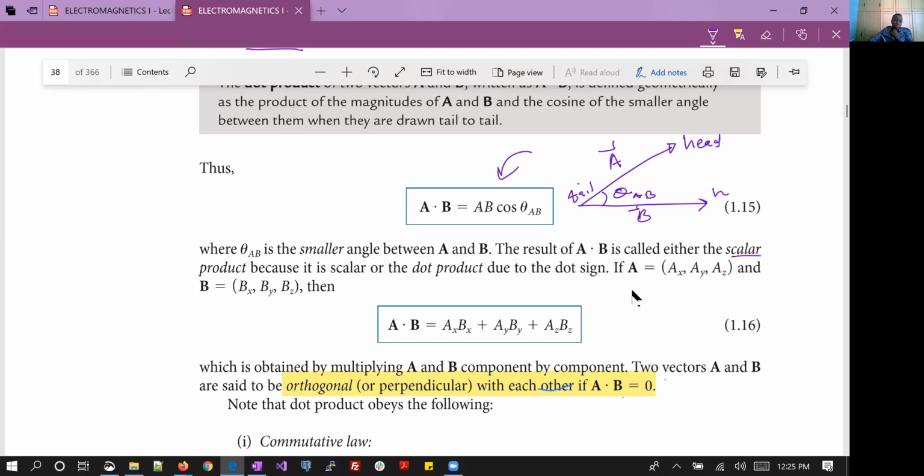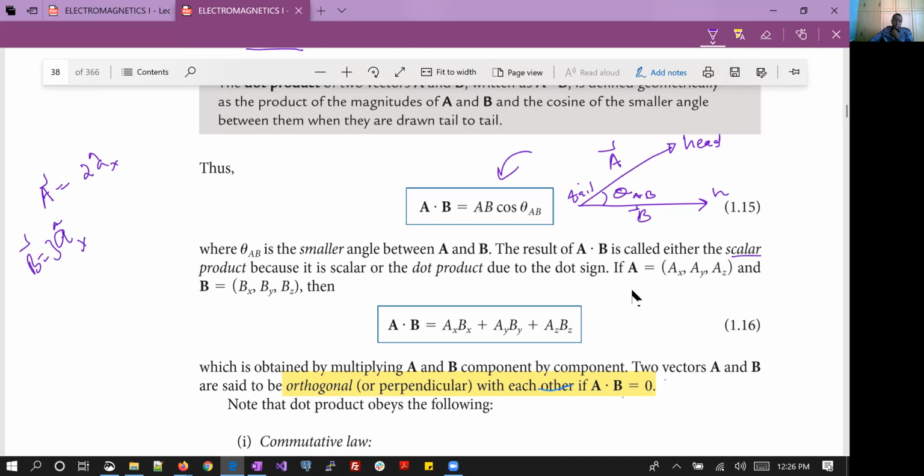So like if I give you vector A is equal to 2 AX, and vector B is equal to 3 AX.